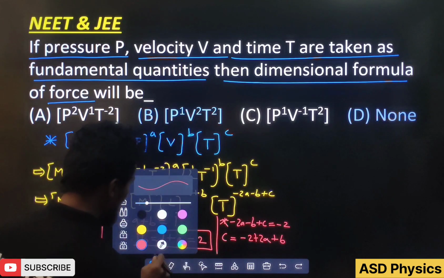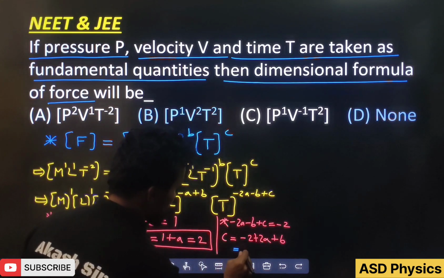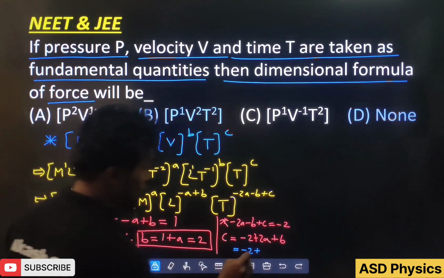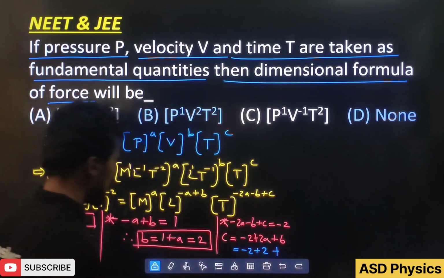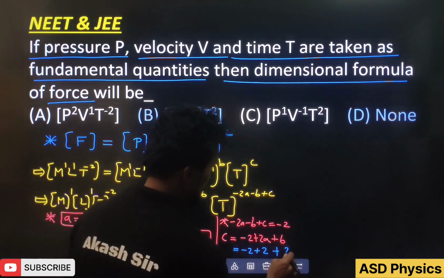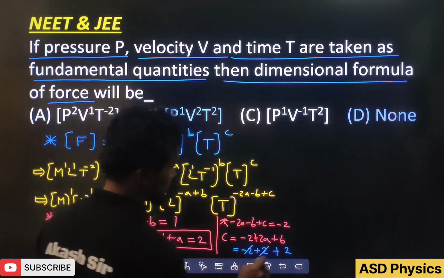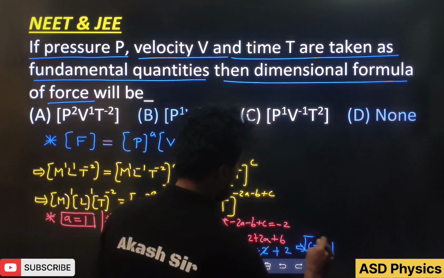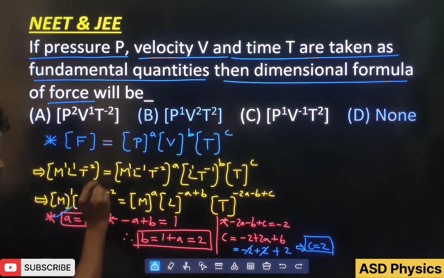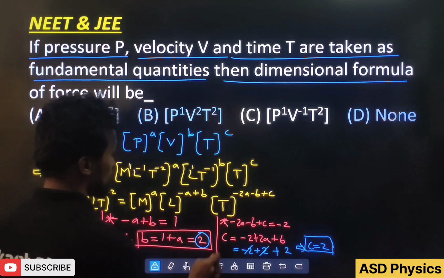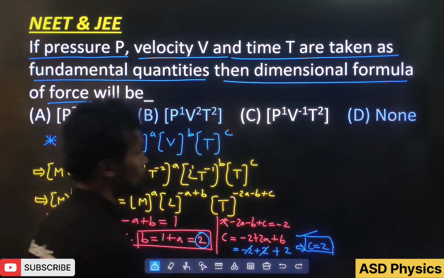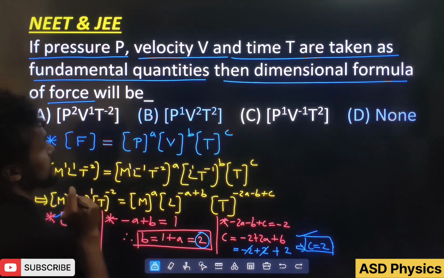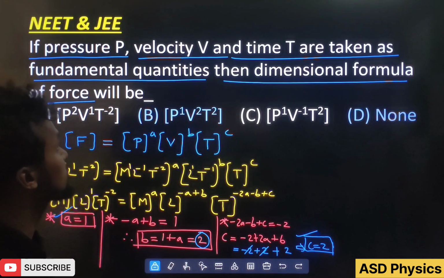Now put the values: minus 2 plus 2 into 1, which is 2, plus b value, which is 2. So minus 2 plus 2 cancel, and the value of c is 2. So the a value is 1, b value is 2, and c value is also 2.